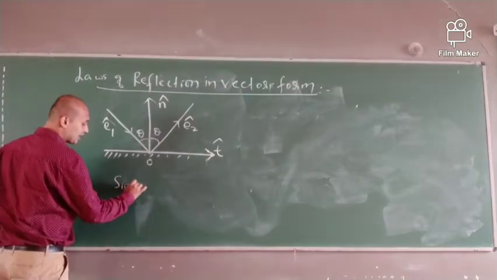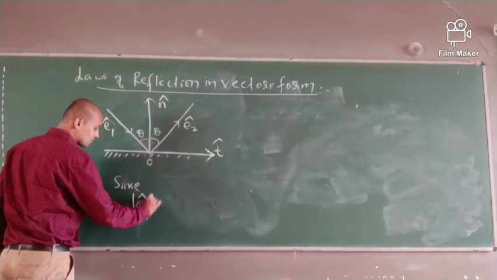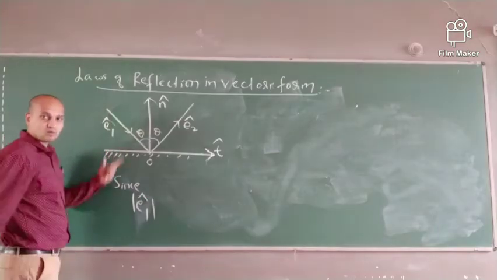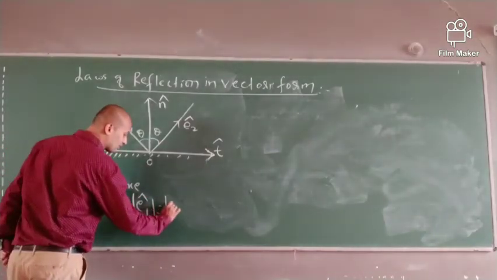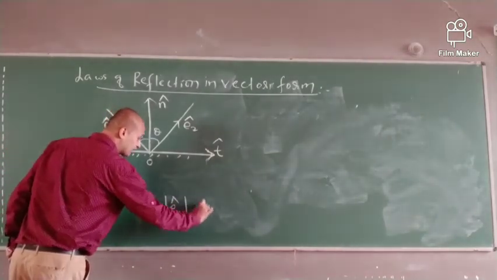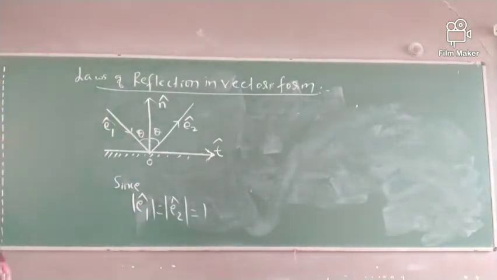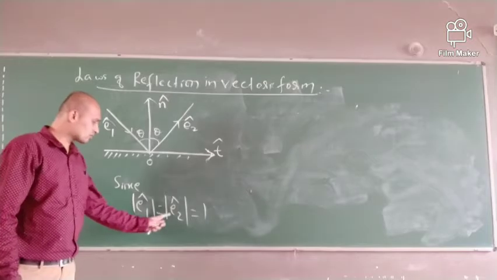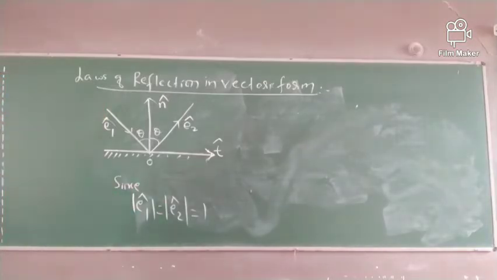Since I am taking only unit vectors, the magnitude of E1 will be equal to the magnitude of E2, which is equal to 1. Correct? This is one thing. Then what happens here?